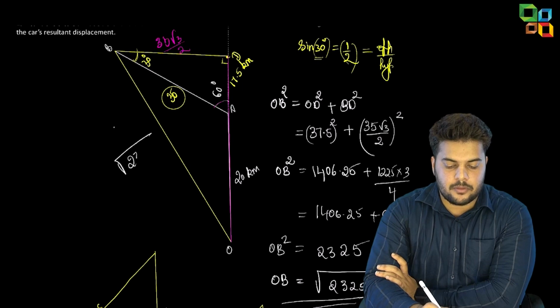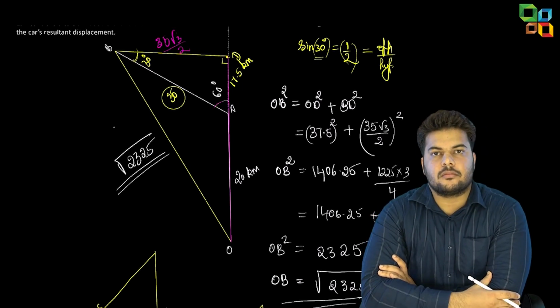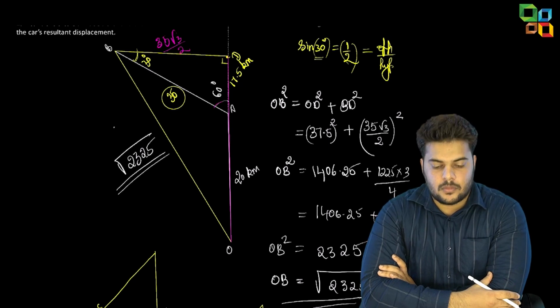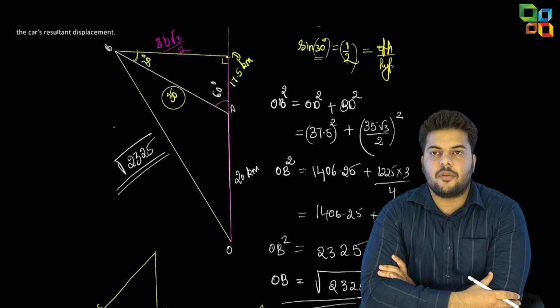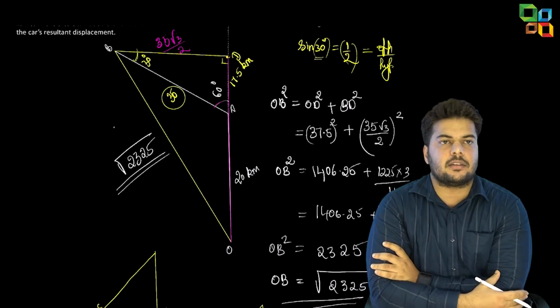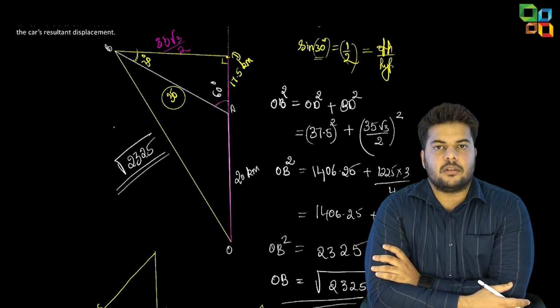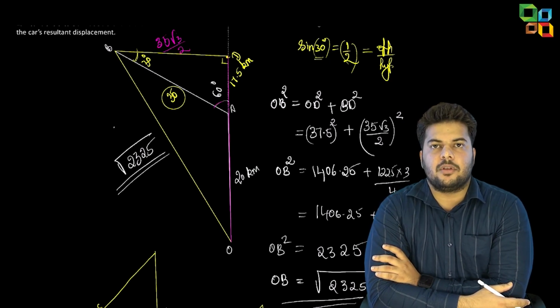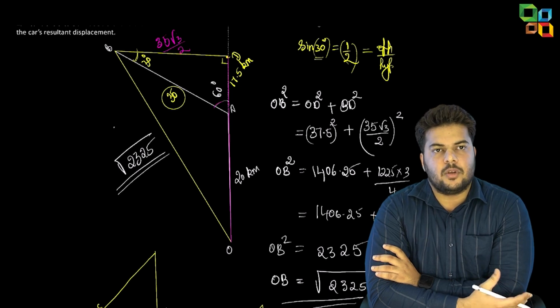It is the square root of 2325. So now you know, even if you do not have a right angle triangle, how to get a right angle triangle, isn't it? You know the Pythagorean theorem. Even if they have not given you a right angle triangle, you can get a right angle.